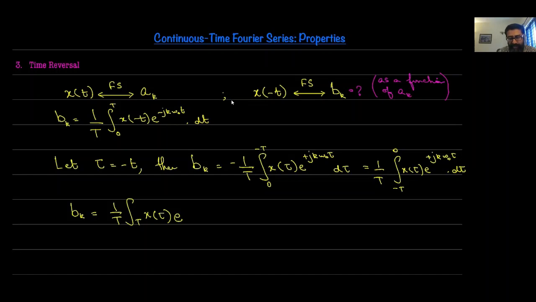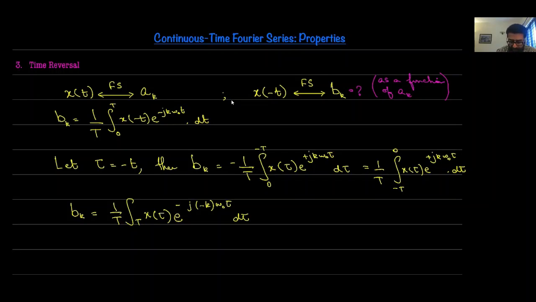What I need is a minus sign in order to get something close to the analysis equation, so if I pull the minus sign out, it's j times minus k omega naught tau d tau.